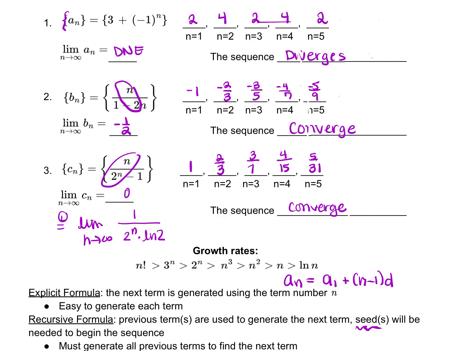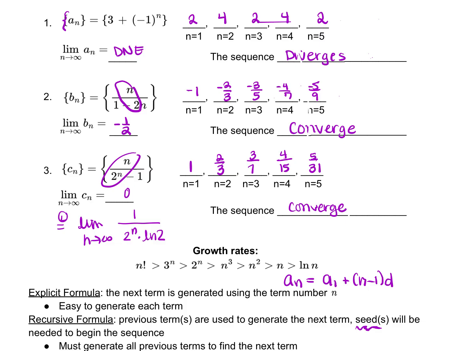We have 2 different types of formulas we've talked about over the years. The first one you guys have talked about is explicit formula. This is something like this, where it's very easy to get the next term. If I want to find n equals 1, the first term, I just plug in 1. If I want to find the second term, I just plug n equals 2. If we want the 100th term, we would just plug in n equals 100.